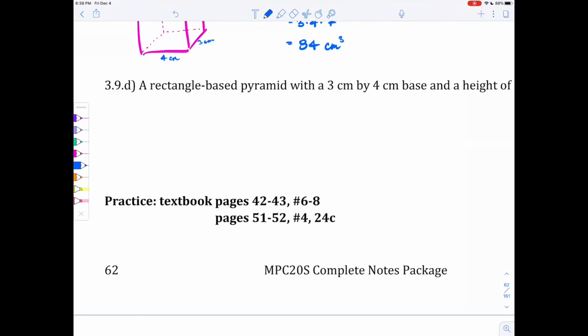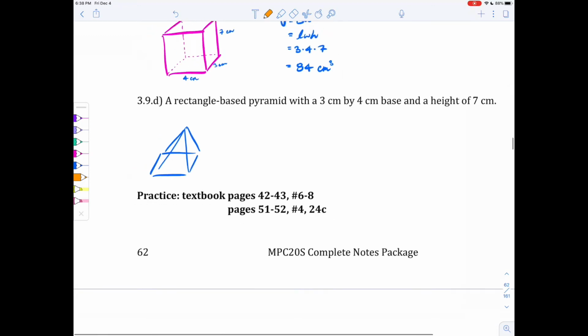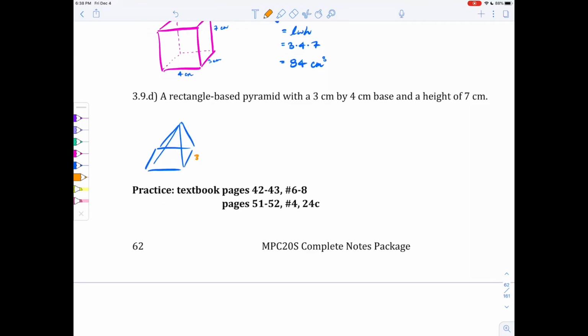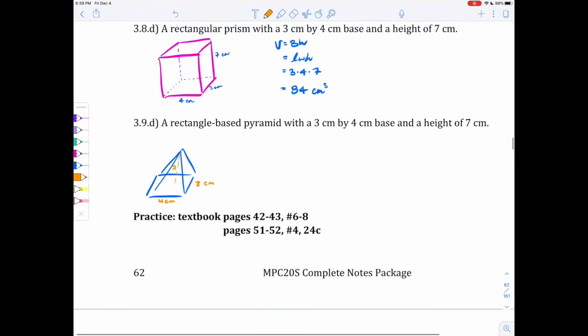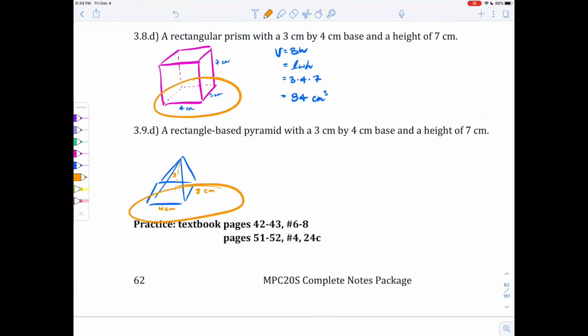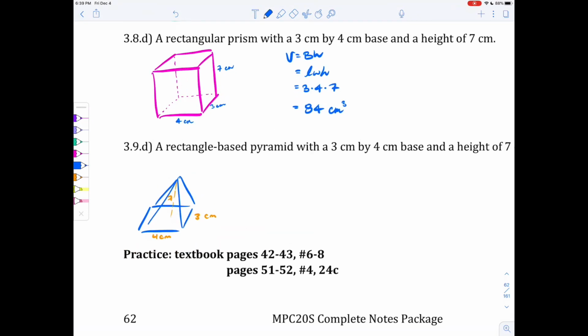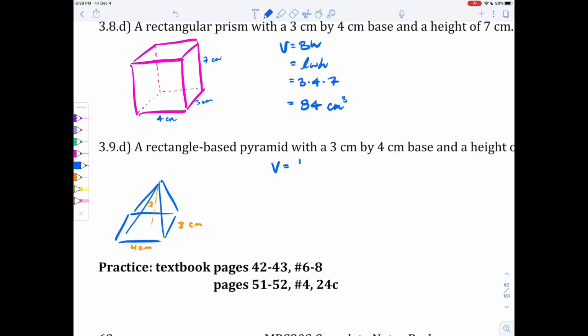All right. Last but not least, we've got a rectangular base pyramid. And remember that we said even though this is not a regular pyramid, it can still follow that same volume general formula. So here we go. We have 3 centimeters and then 4 centimeters over yonder. Oh, and look, it also has a height of 7. It's like the pyramid version of the one here. Now, something kind of cool that we might notice is the volume formula is 1/3 the area of the base times height.